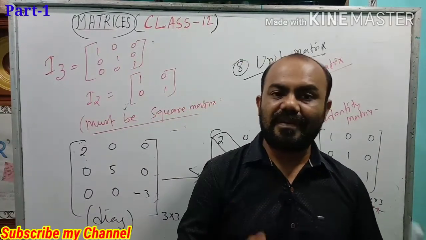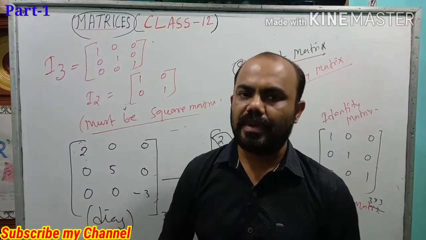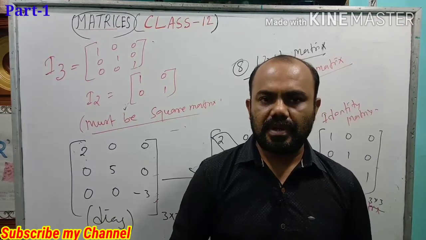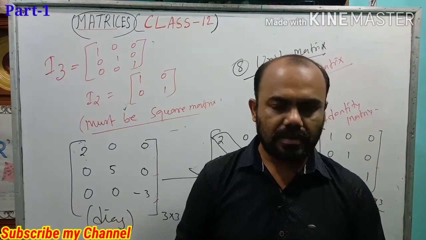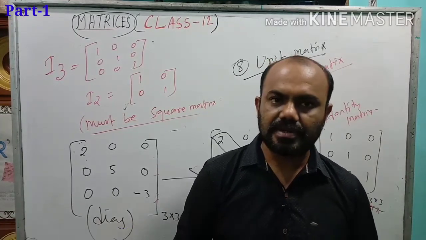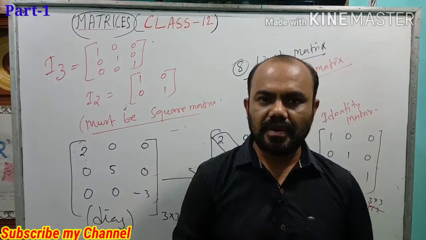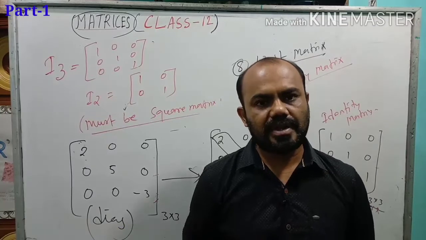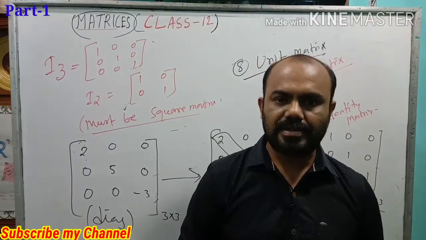In the next part, after defining some operations on a matrix, there are some more types of matrices. Before defining symmetric matrix, skew symmetric matrix, singular matrix, orthogonal matrices, we must know some operations on matrices.